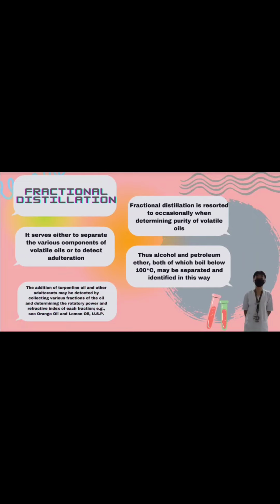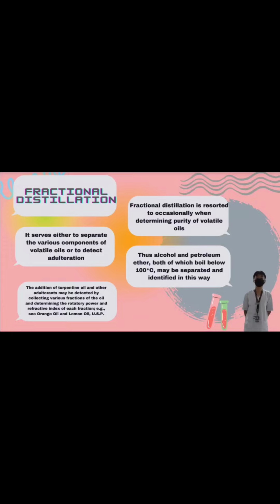Fractional distillation. Fractional distillation is resorted to occasionally when determining purity of volatile oils. It serves either to separate the various components of volatile oils or to detect adulteration. Thus, alcohol and petroleum ether, both of which boil below 100 degrees Celsius, may be separated and identified in this way.